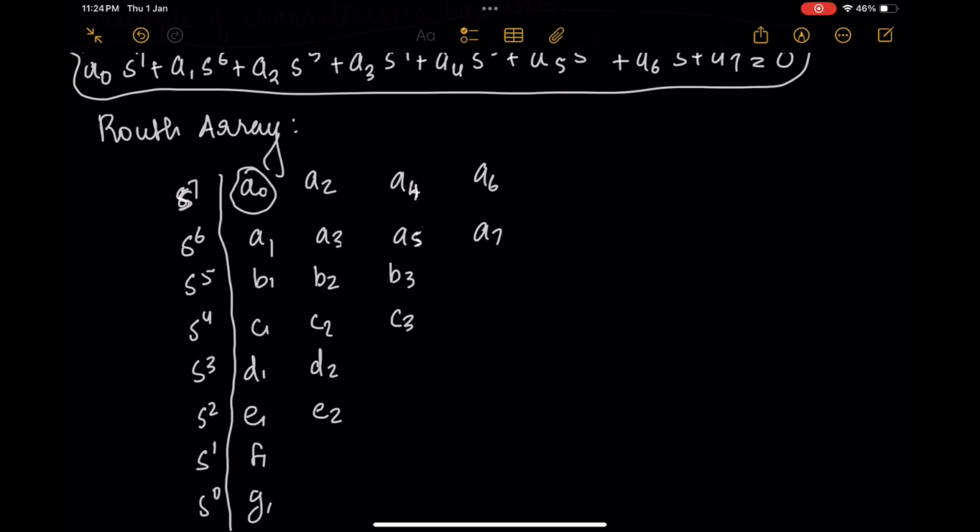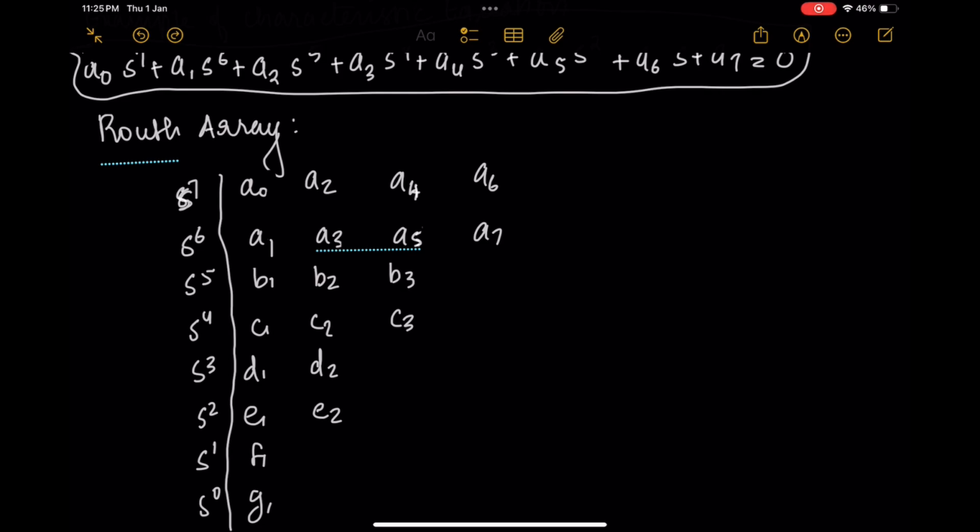And I am writing the third coefficient, that is a2, in the next column, in a zigzag manner. From this we have got the first two rows of our Routh array.